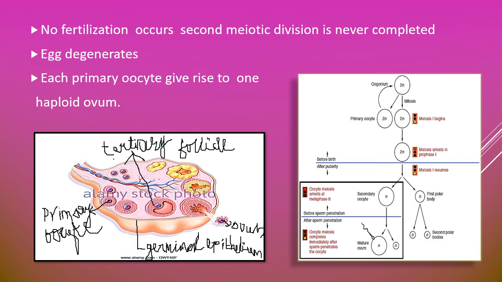Polar bodies or haploid cells form due to the unequal division of the oocyte. This unequal division results in the formation of a larger cell with more cytoplasm and a smaller cell with less cytoplasm. The cell with a large amount of cytoplasm develops into the ovum and the one with less cytoplasm becomes the polar body.